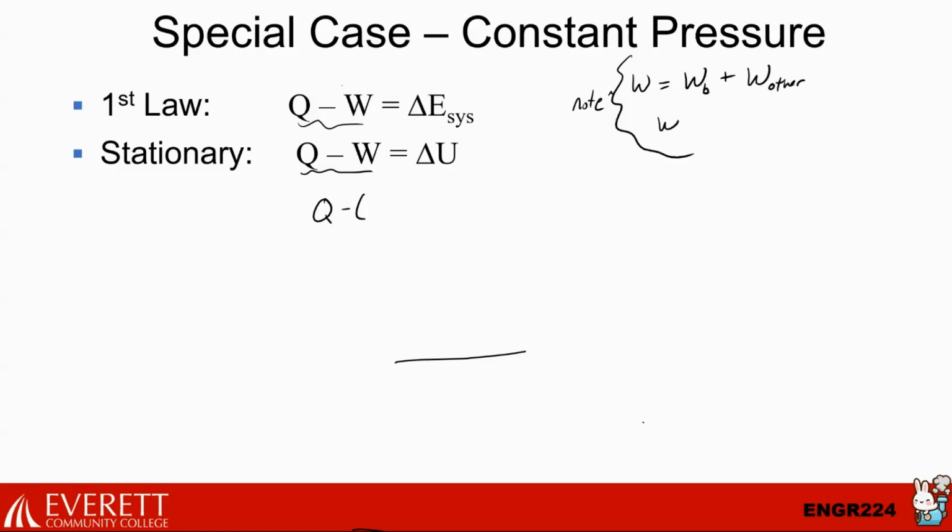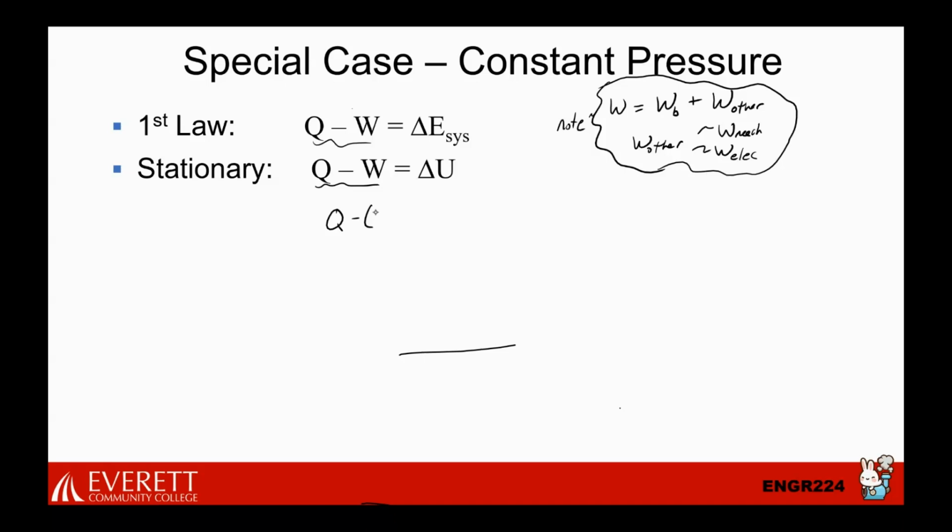So that work other could be things like mechanical work, so it could be a shaft, propeller, it could be work electrical. Those are the most common that we'll see in this class. Generally, it's some combination of those things. So we're breaking up work into work at the boundary, so a moving boundary, plus other stuff. Now I'm going to tack in here work at the boundary plus work other.